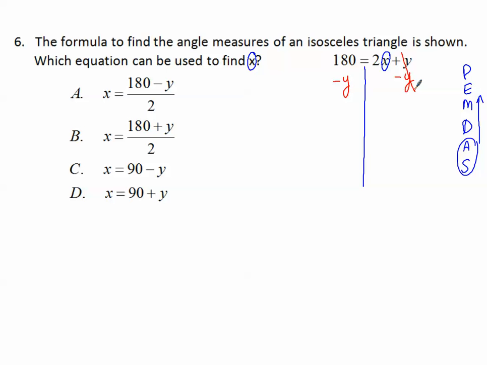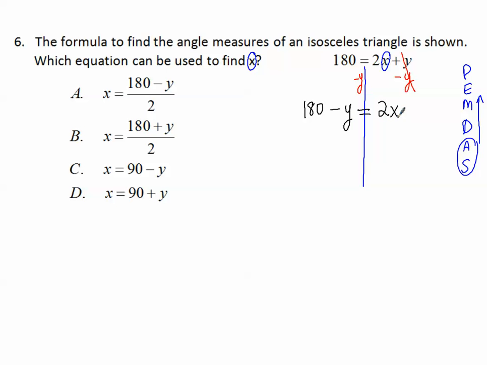Cross those out. Oh, I just realized I put the minus y under the 180 when that doesn't have a y in it. So let's not put it under the 180. Let's put it just off to the side, minus y. Now what we have left over is 180 minus y equals 2x.